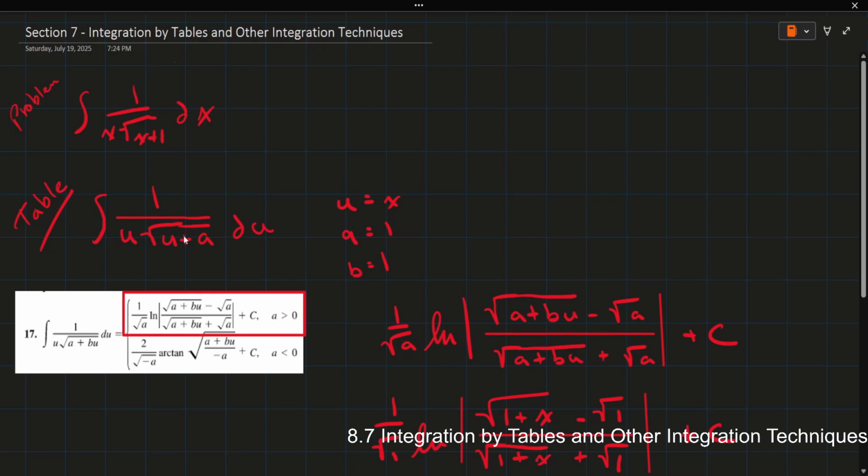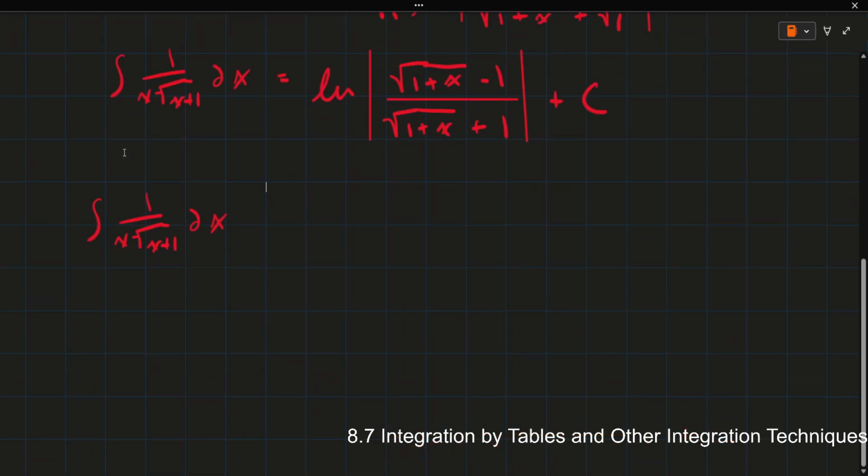Because if the work's already been done for you, why do more work? Like this formula 17 in the table basically matched exactly what our problem said straight up. So like, cool, you're pretty much done. However, they won't all be like that.